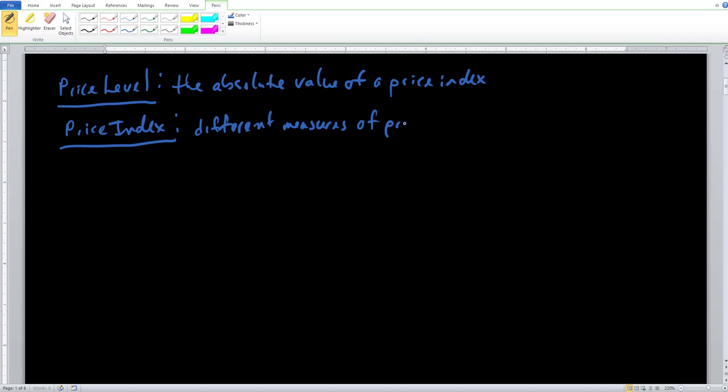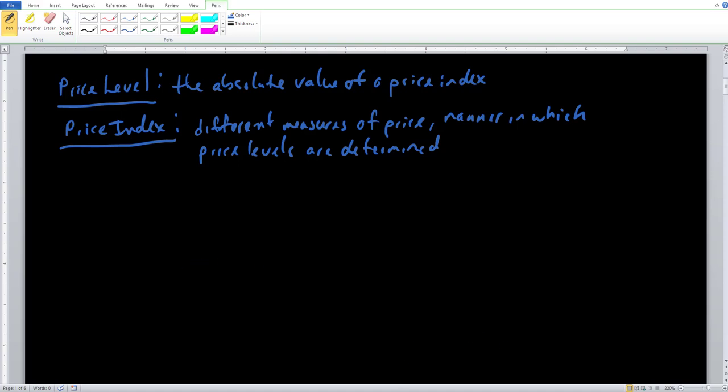It's the manner in which we calculate out the price level, the manner in which the price levels are determined. And there are three different price indices that we focus in on. We have the CPI, we have the PPI, and the GDP deflator. So three different price indices, and they all give us a different measure of the price level and a different measure of inflation, but they're going to be all very closely related to one another.